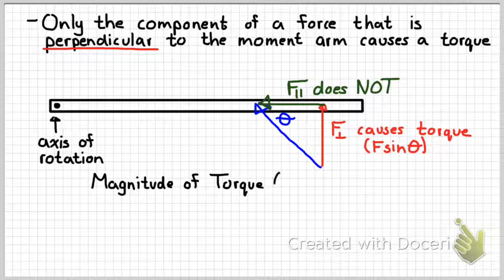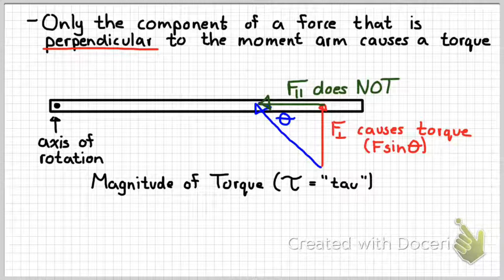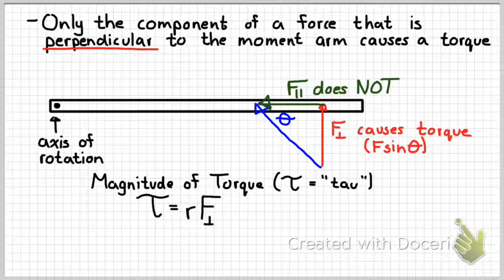So to figure out the magnitude of a torque, which we're going to give the symbol Greek letter tau, lowercase tau, which is kind of like a wavy T, we're simply going to multiply the moment arm by the perpendicular component of the force. If the force is completely perpendicular to the moment arm, then we don't have to do any trig, we just use whatever that force is.